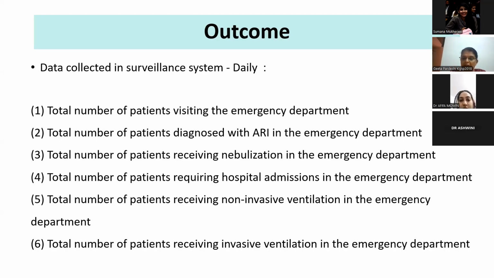There are six different headings of outcome for which data is reported, and these are daily numbers of cases who are visiting or who are requiring different interventions for management of acute respiratory illness.